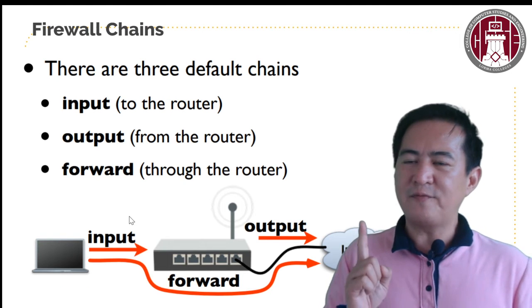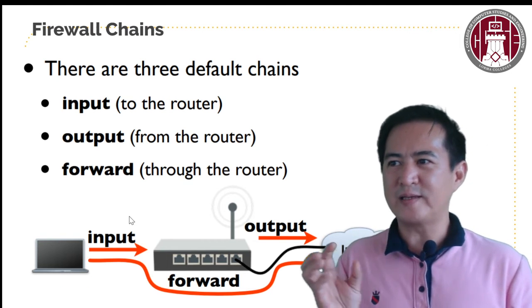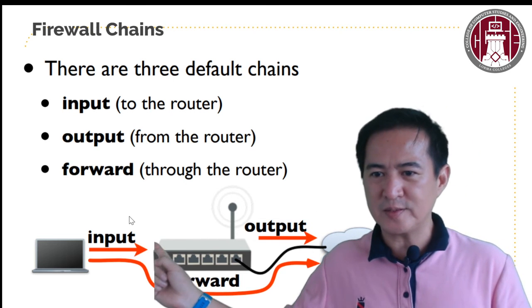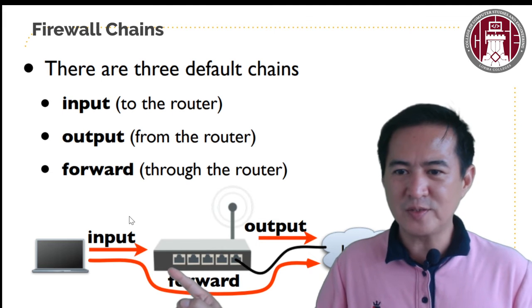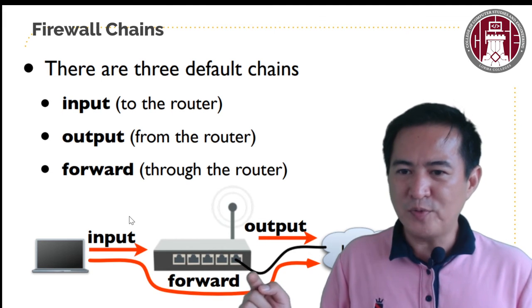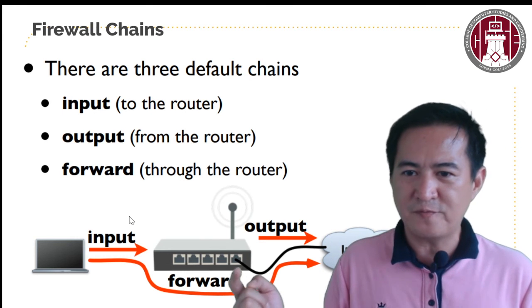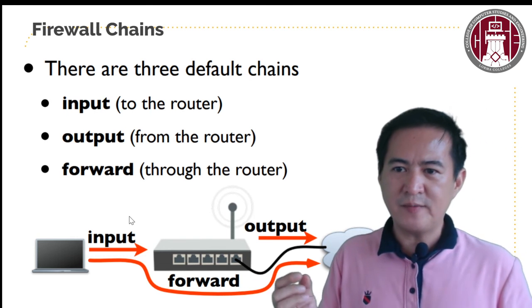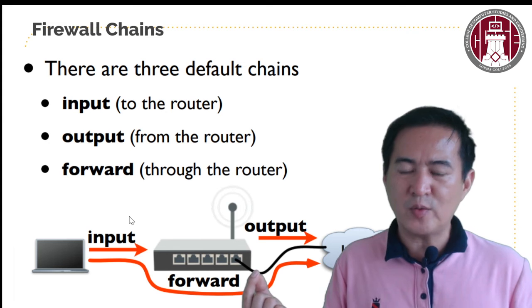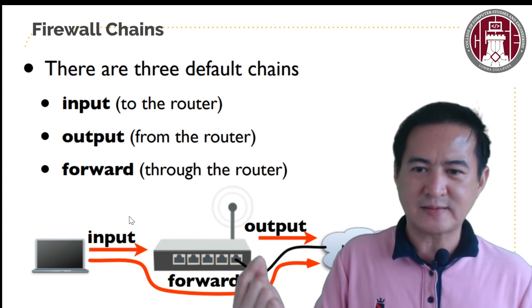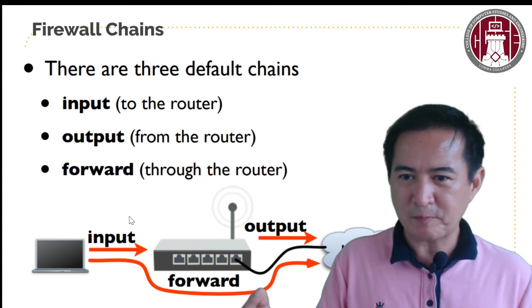There are three default chains. One is input, which goes to the router. You have output, which comes from the router and goes out into the internet, and forward. Very briefly, if there is an incoming packet, what will you do with it?